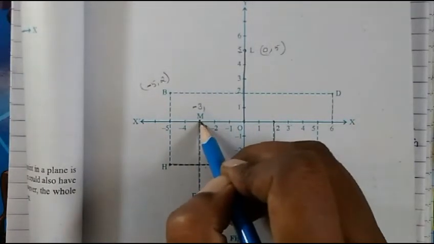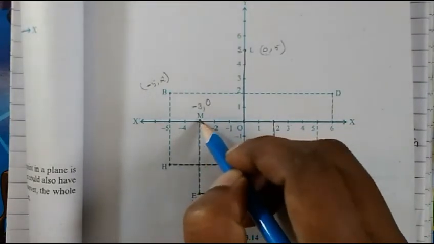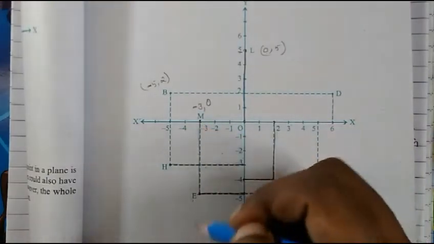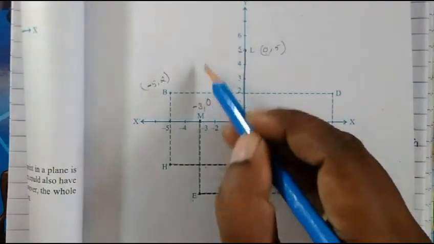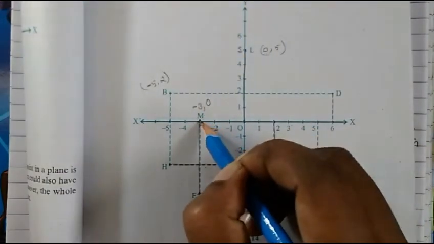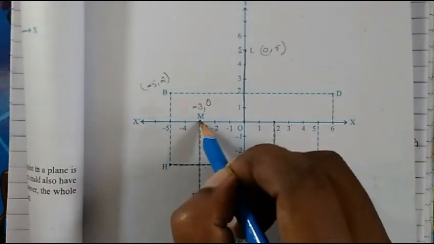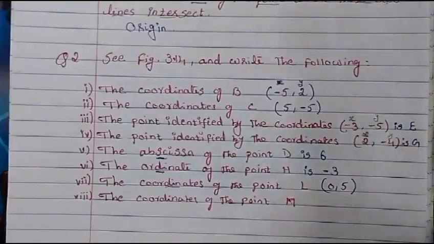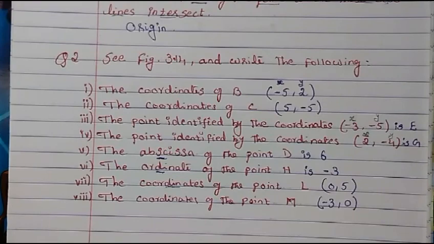So for x it is -3, but for y it is 0. So -3 and 0. I hope this is clear to you. Thank you. God bless you.